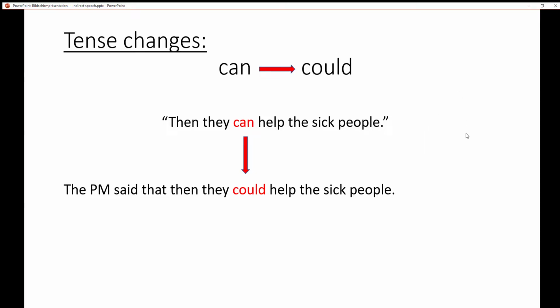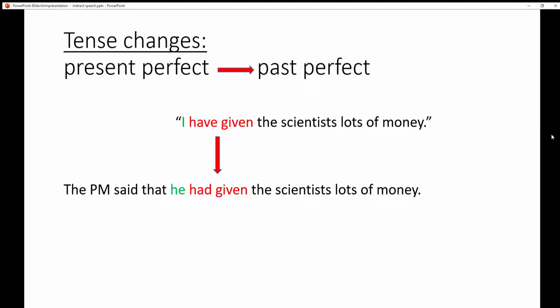Now let's look at the past tenses that we already know. Some past tenses in English. Let's look at the present perfect first. That's the tense that has two parts. So I have given the scientists lots of money. Here we have another participle.